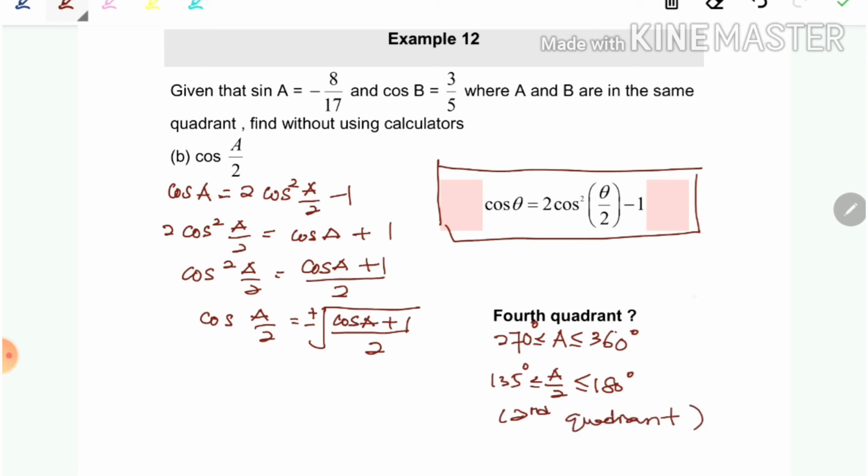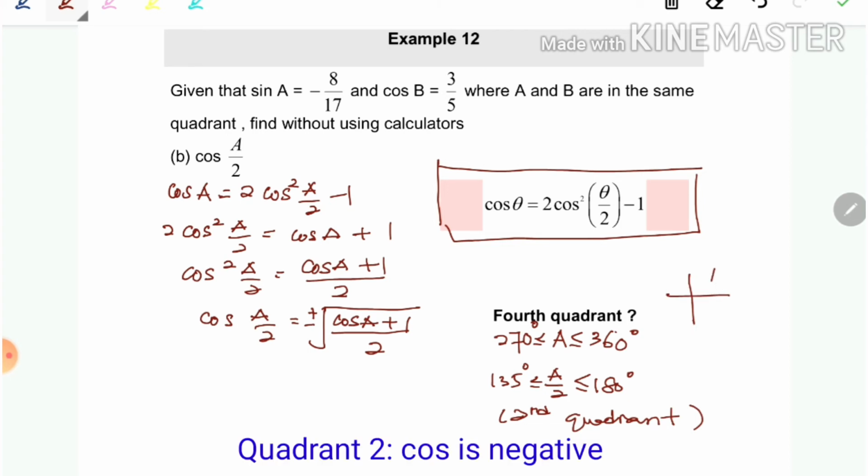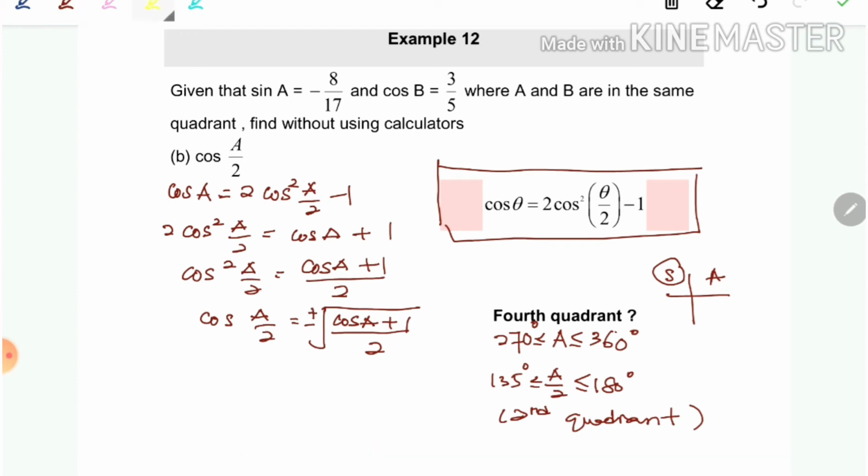As we know, in the second quadrant, sine only is positive. Now we have cos A over 2. Cos A over 2 is located in the second quadrant. That means we have to consider negative only. Alright, so let's choose the negative only.